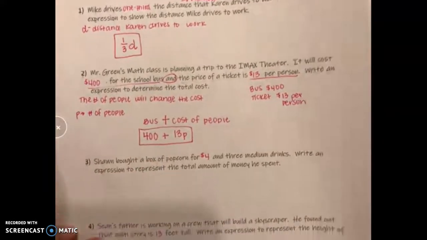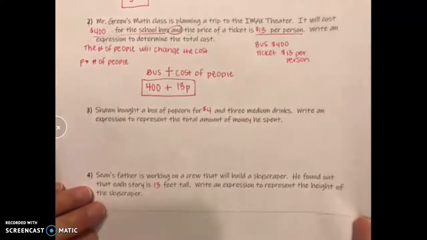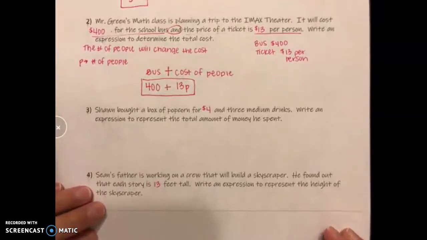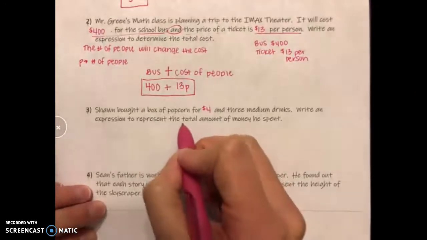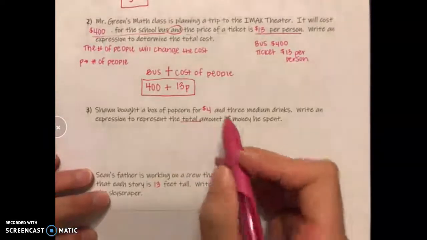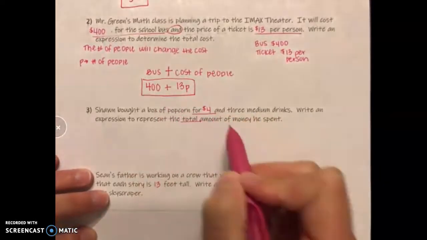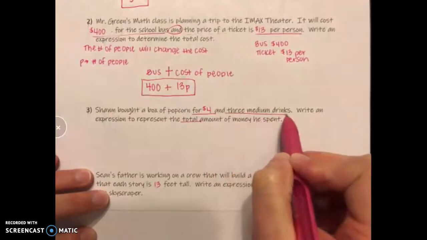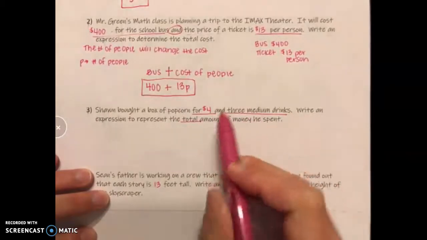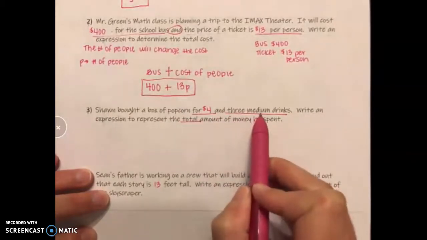All right. Number 3. So Sean bought a box of popcorn for $4 and bought 3 medium drinks. So write an expression to represent the amount of money that he spent. Okay, so we want to know the total amount. So we know that Sean bought a box for $4 and we have 3 medium drinks. Now, if we're going to be finding the cost, do we know how much those medium drinks cost?